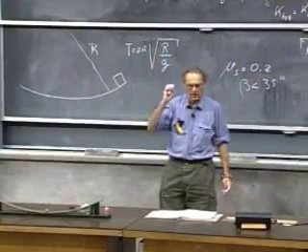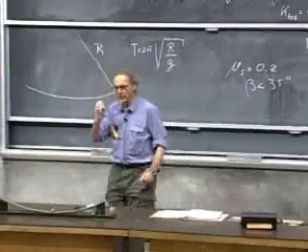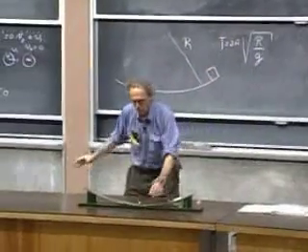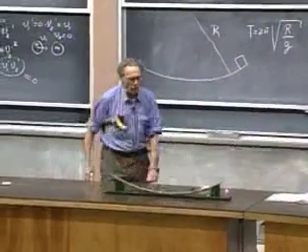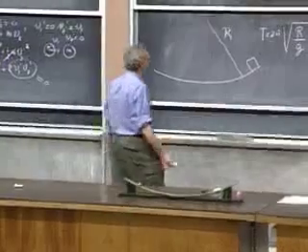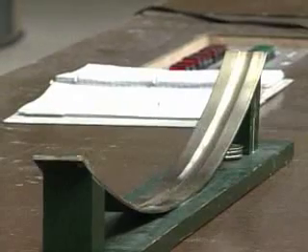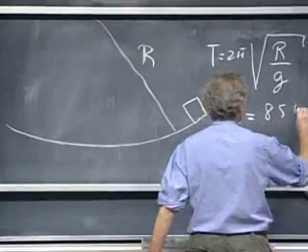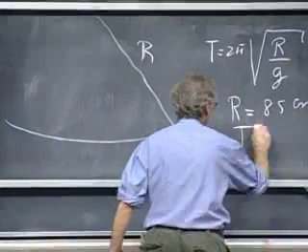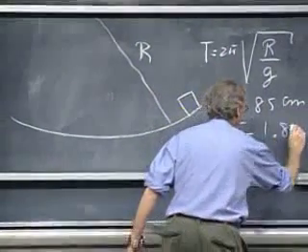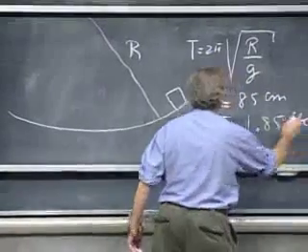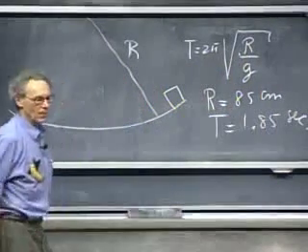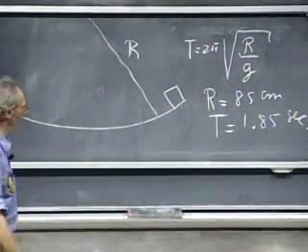We did that with the air track, and the results were fantastically in agreement with our prediction. An unbelievable accuracy. And then we did it with a smaller radius, with a ball, a rolling ball. This one. The radius of that curvature was 85 centimeters. And we predicted a period of 1.85 seconds, from this equation. And we measured it. And what did we find?